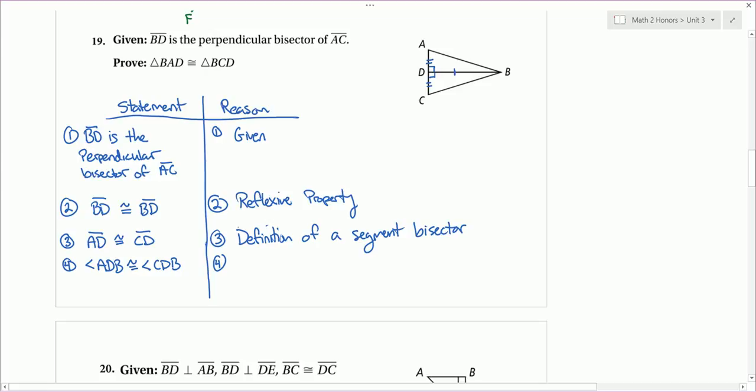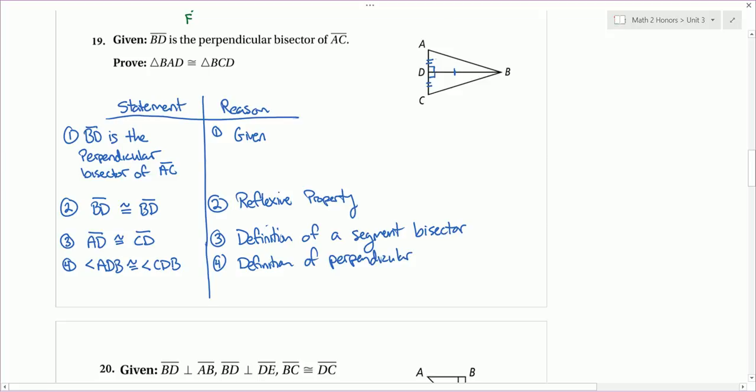And the reason is definition of perpendicular. Perpendicular means a right angle, and so we know BD forms a right angle with AC. So both those angles are 90 degrees, so they're both congruent.